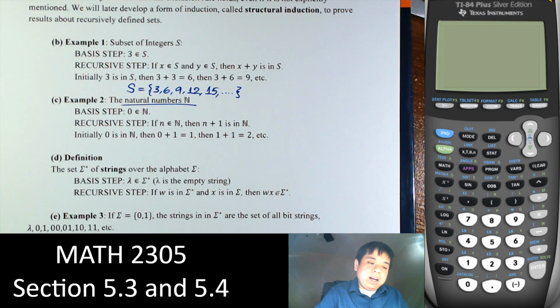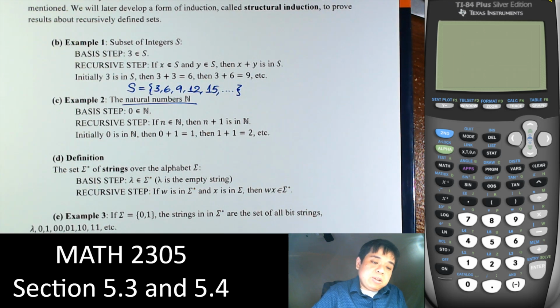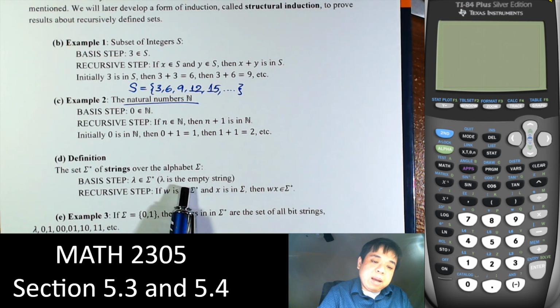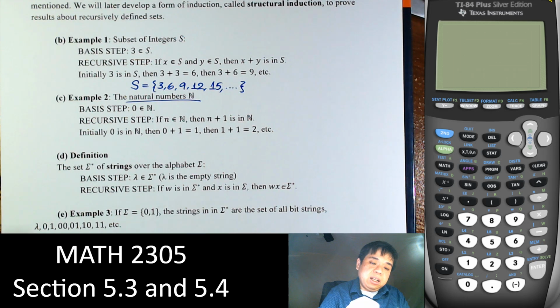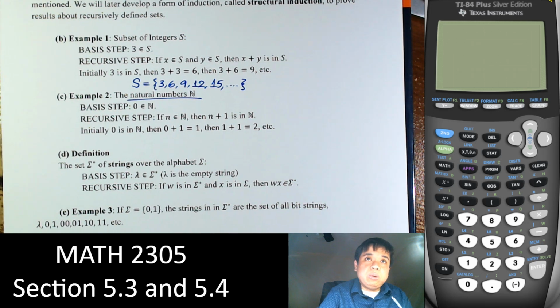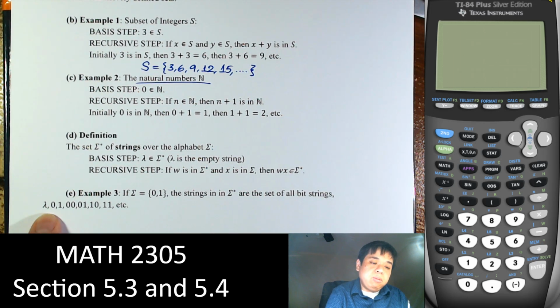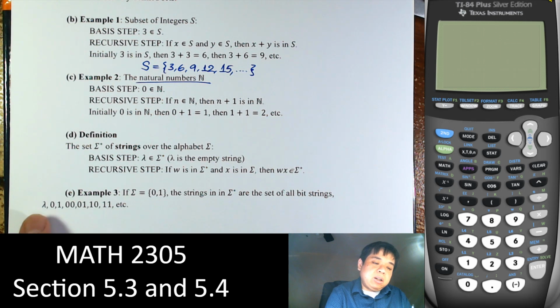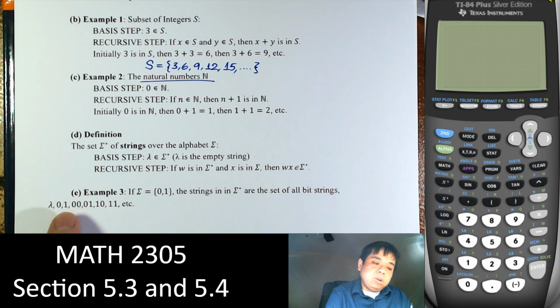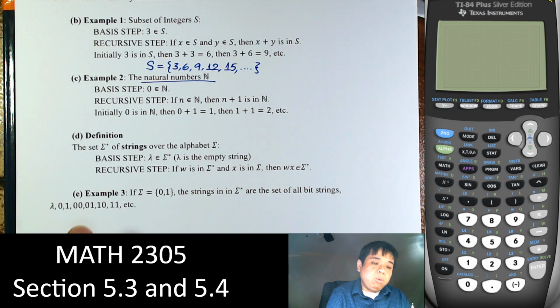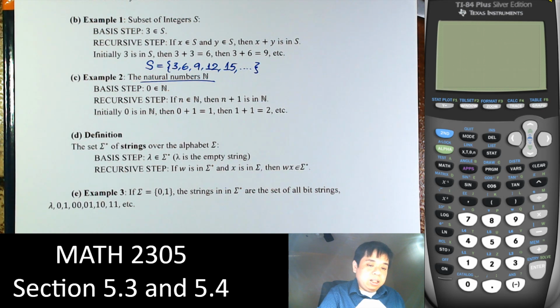Right. Next we have the strings. The set sigma star of strings over the alphabet. We start with an empty string, lambda, and we just keep adding characters to it. We add 0, 1, 0, 0, 0, 1, and so on. So in that case we have the binary strings.